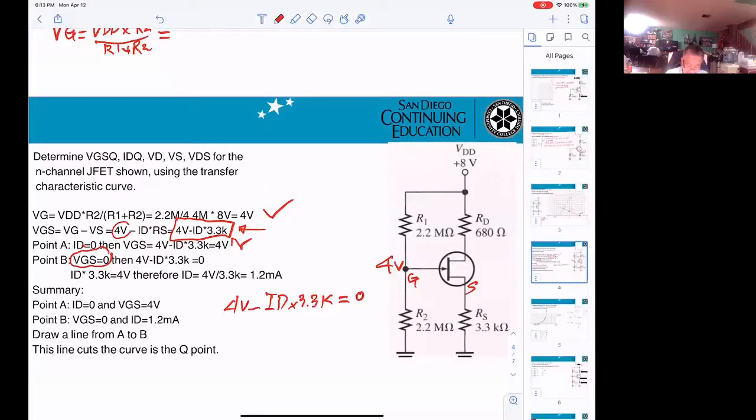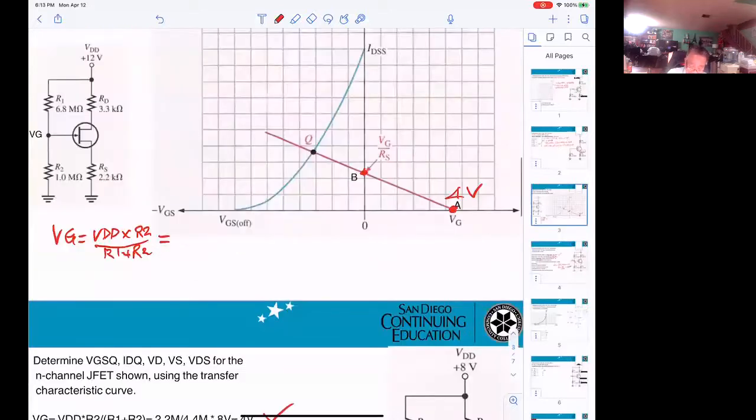That means you're able to calculate the ID: 4 divided by 3.3K, you get 1.2 milliamps. So point B is right at this point here, 1.2 milliamps. Then you draw the line, and you can get the Q point right here.